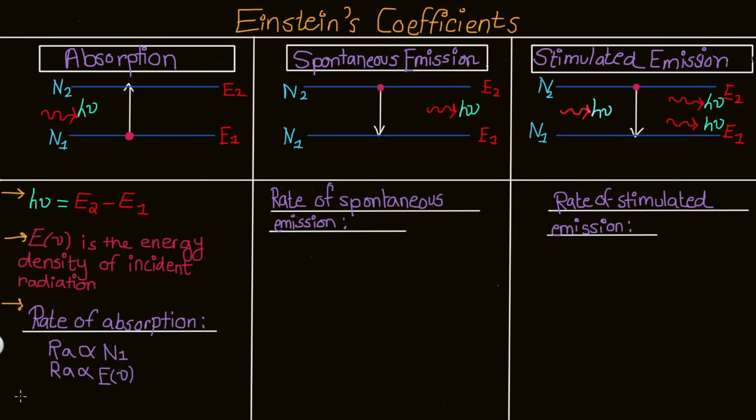So we can say that the overall factor is that the rate of absorption is directly proportional to N1 and E nu. So now we have here a directly proportional sign. If we were to equate it, then we would need a constant of proportionality in front of N1 and E nu. I'll just write that down over here, make some space.